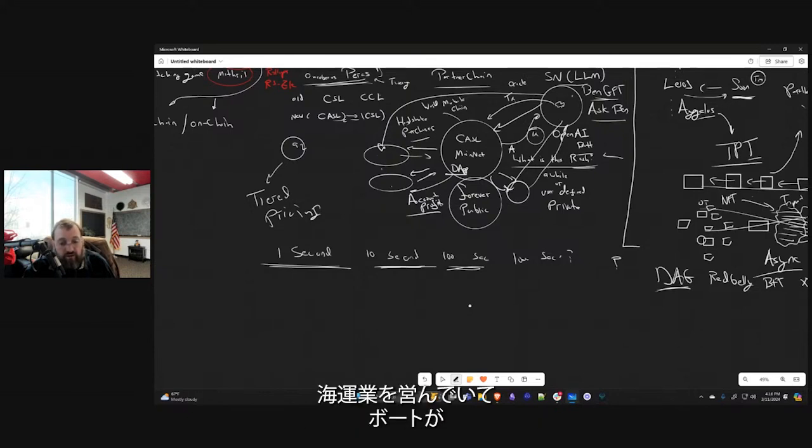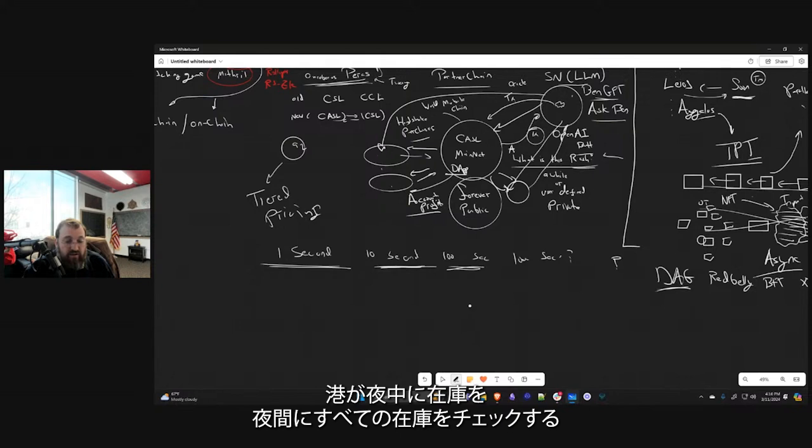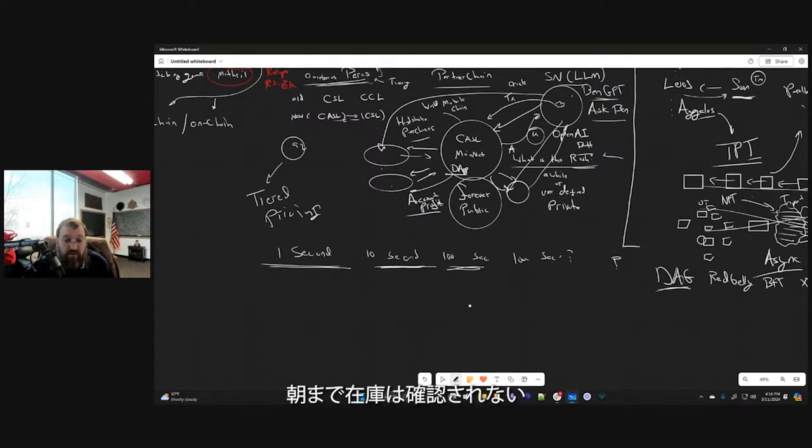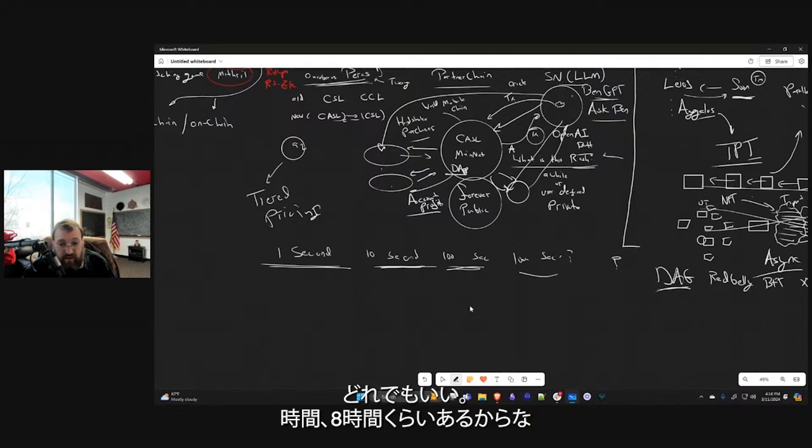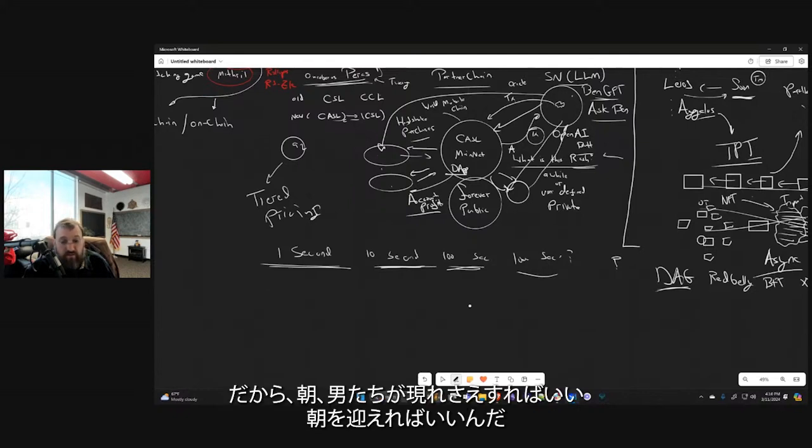Let's say that you're doing shipping and your boat has just gotten to port. It's checking in all the inventory at night, and the inventory is not going to be checked until the morning. Any of these is fine because you have hours, maybe 8 hours, before you even talk about any desire to settle. As long as the guys show up in the morning and it's good, you're good.